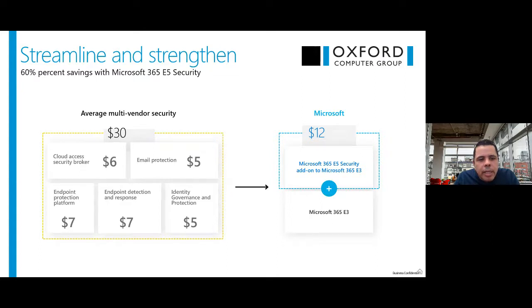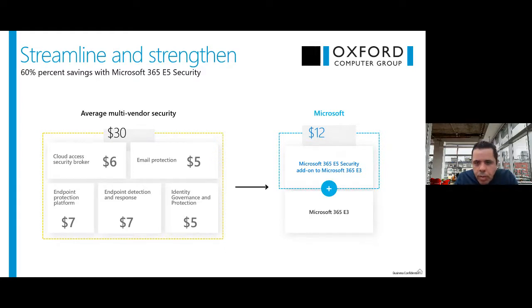They looked at the market and some of the best-in-class solutions that are out there, and what you can typically expect to pay per user. So between a cloud access security broker at $6 per user per month, email protection at $5 per user per month, and so on, you could be looking at $30 per user per month for these other solutions.